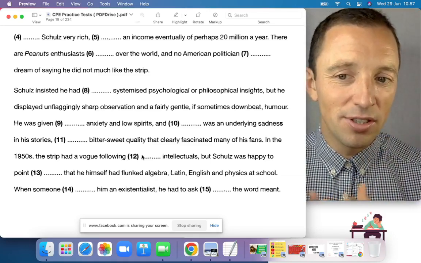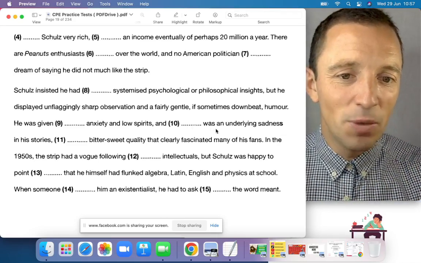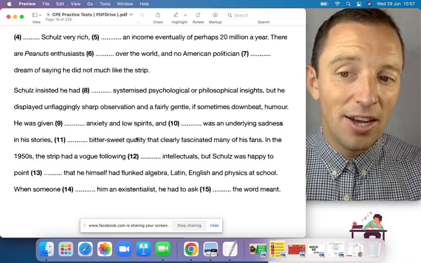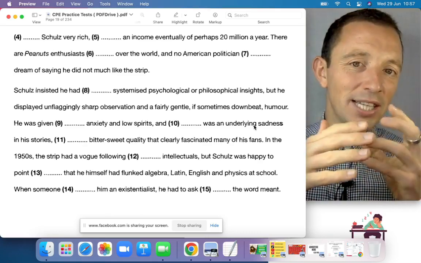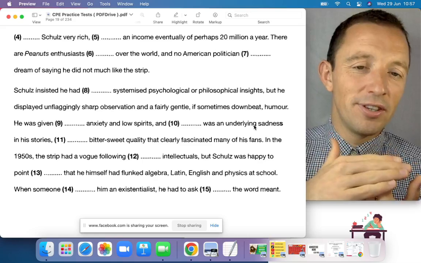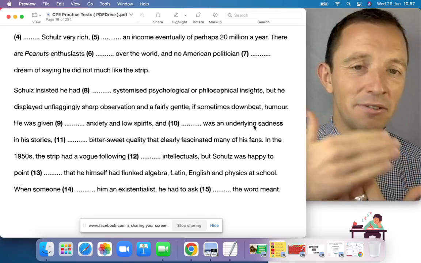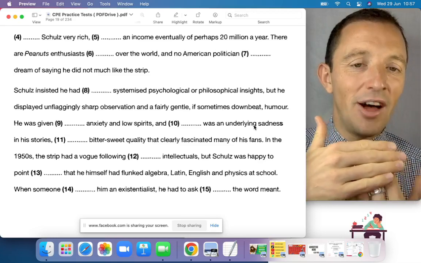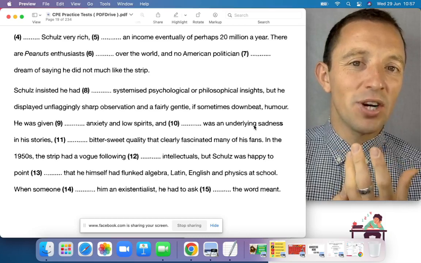So he was likely to suffer anxiety and low spirits, and something was an underlying sadness of his stories. Underlying means something that's in the position under the public persona. So people see him very successful, very rich, but lying under, the position under, is the truth or the real person.